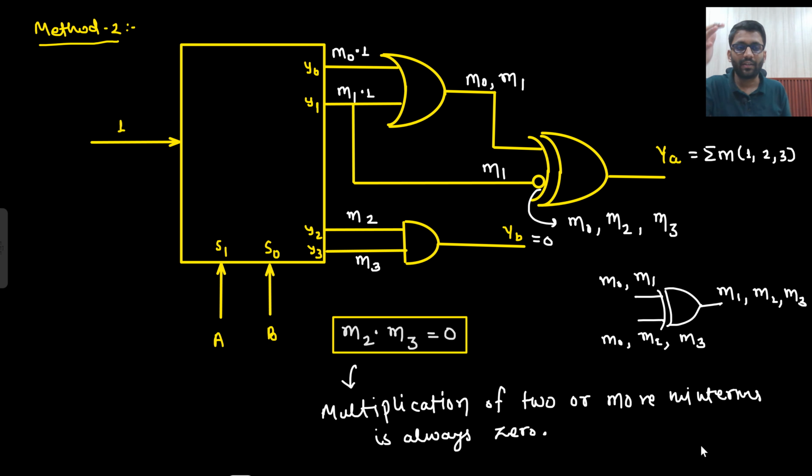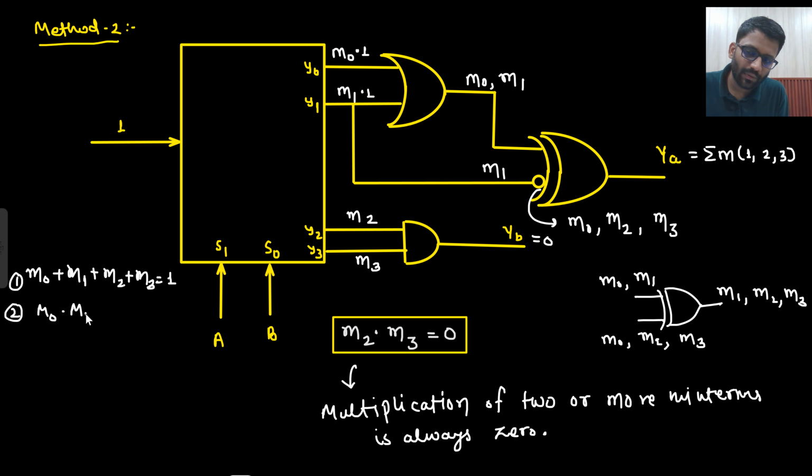I will repeat these statements again, don't get confused. First statement: addition of all the minterms is 1, m0 plus m1 plus m2 plus m3 equals 1. Statement 2: multiplication of all the maxterms will be 0.